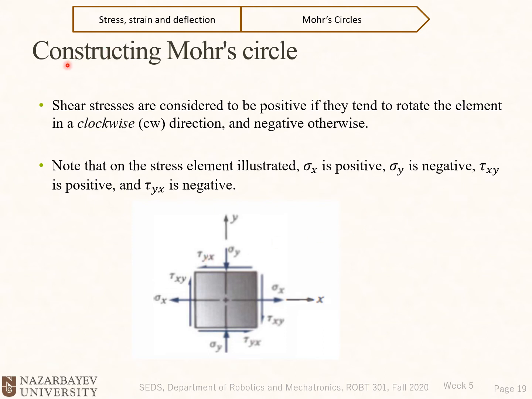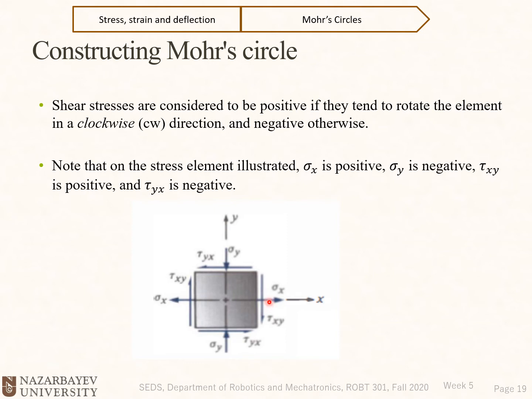Again, we are in constructing Mohr circles, so all the definitions for positive and negative value of normal stresses and shear stresses are solely for Mohr circle, not for a stress tensor. So for the normal stresses in the Mohr circle and the stress tensor, by definition, they are the same.